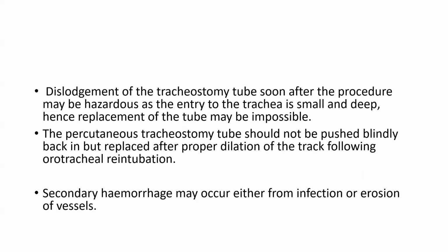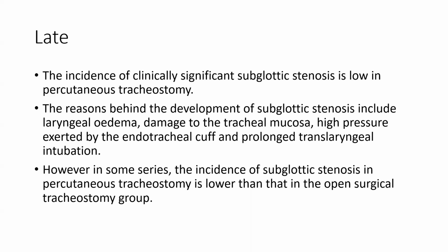Dislodgement of the tracheostomy tube soon after the procedure may be hazardous as the entry into the trachea is small and deep, hence replacement of the tube may be impossible. The percutaneous tracheostomy tube should not be pushed blindly back, but replaced after proper dilatation of the tract following orotracheal reintubation. Secondary hemorrhage may occur either from infection or erosion of a vessel.